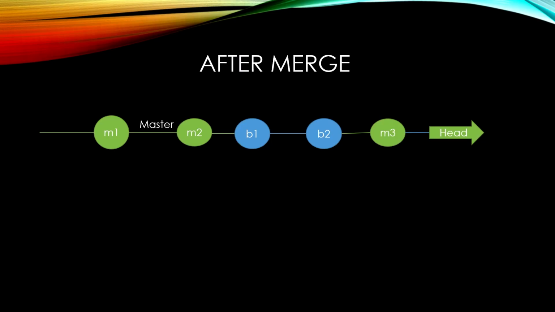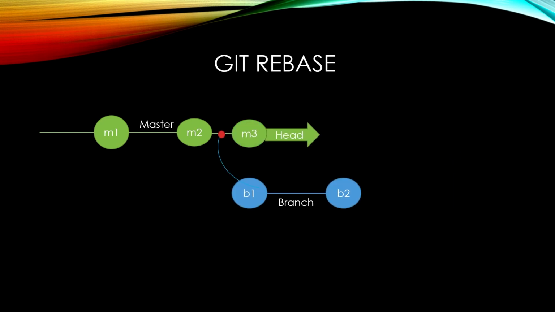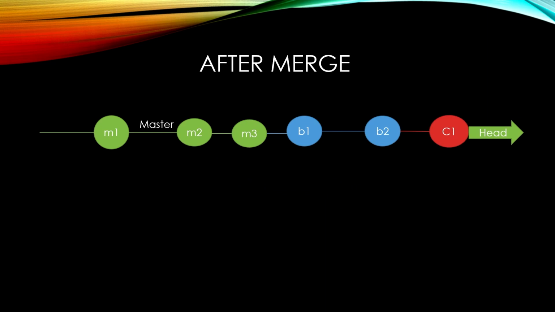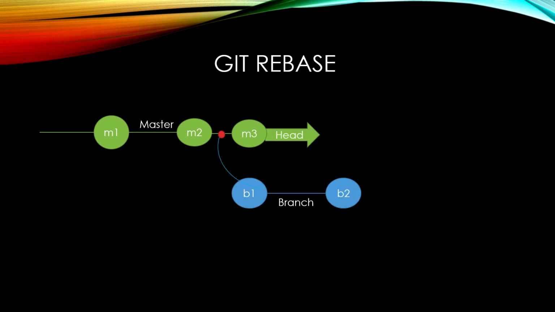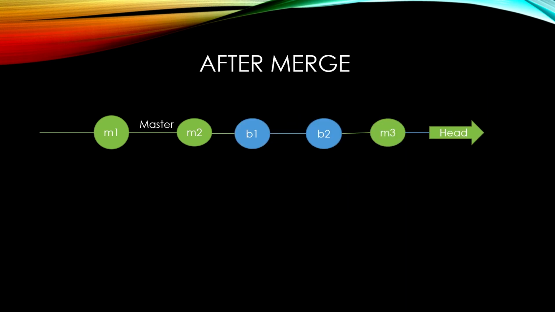Like in Rebase, a new commit is not created and the branch commits are added to the point where the branch was created, right? And in the recursive merge, the branch commits are added after the latest commit of the master branch, and then a commit message is created, right? So this is the main difference between merge and rebase, where to use merge and where to use rebase, right?